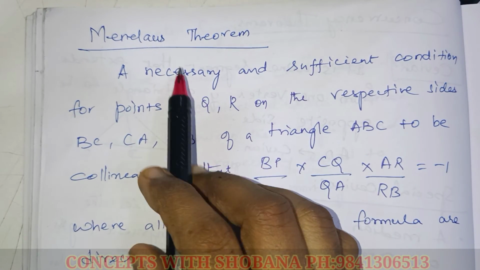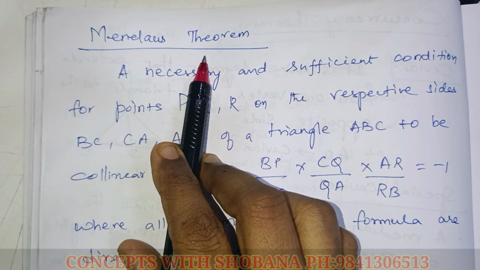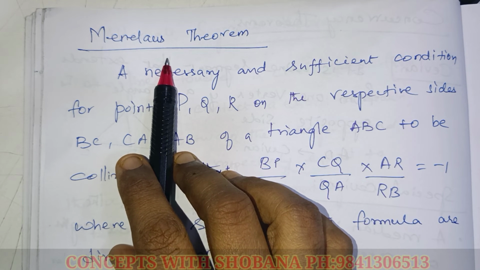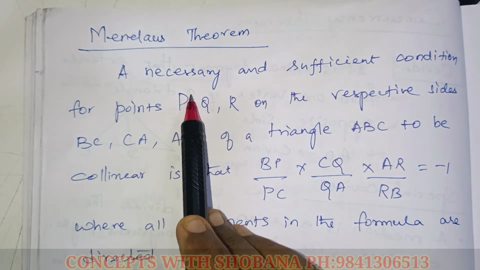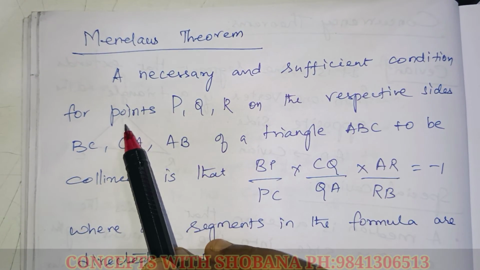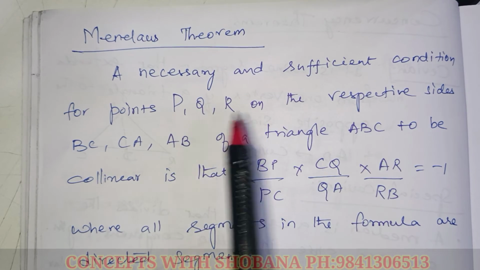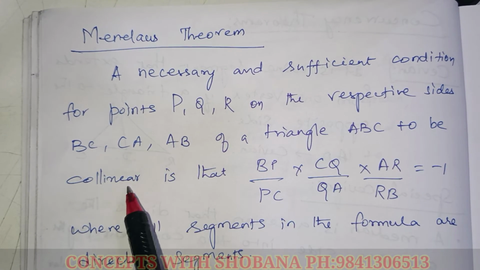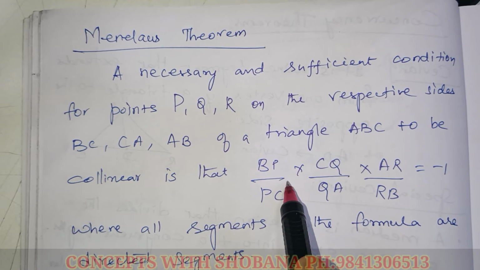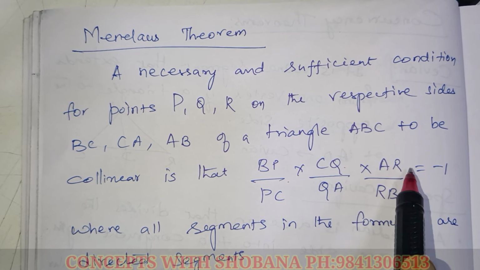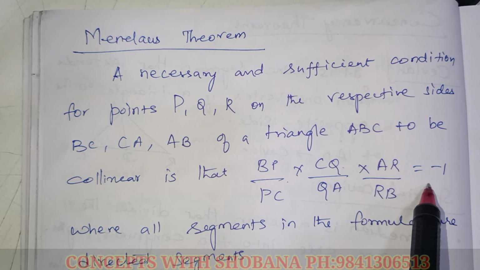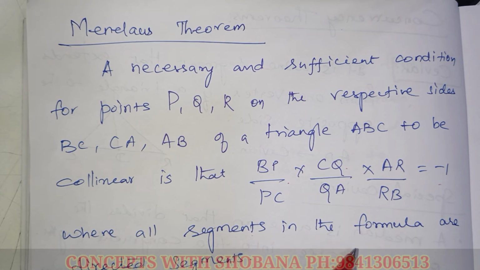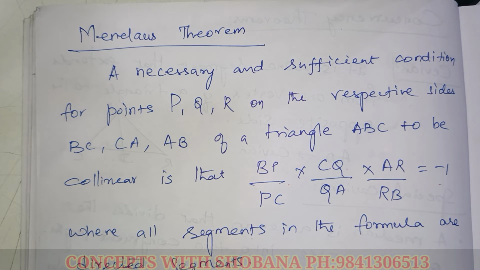Okay, next coming to Menelaus's Theorem. What is meant by Menelaus's Theorem? Look, a necessary and sufficient condition for the points P, Q, R on the respective sides BC, CA, AB of a triangle ABC to be collinear is that BP by PC into CQ by QA into AR by RB is equal to -1, where all the segments in the formula are directed segments.